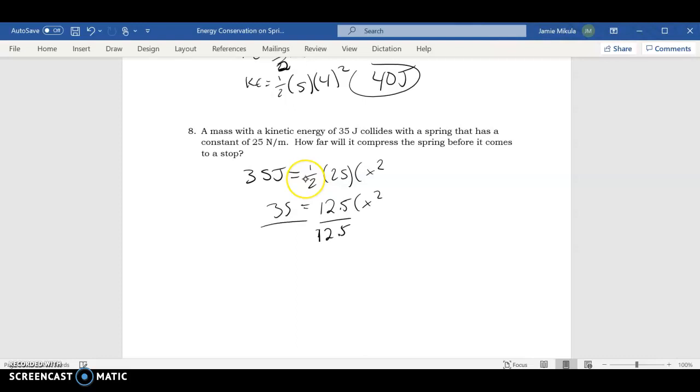Half of 25 is 12.5, so divide that by both sides. So 35 divided by 12.5 is 2.8, and then take the square root of 2.8 to get 1.7. There we go.